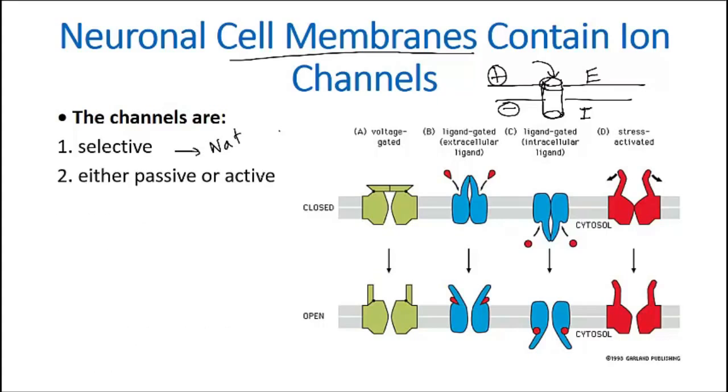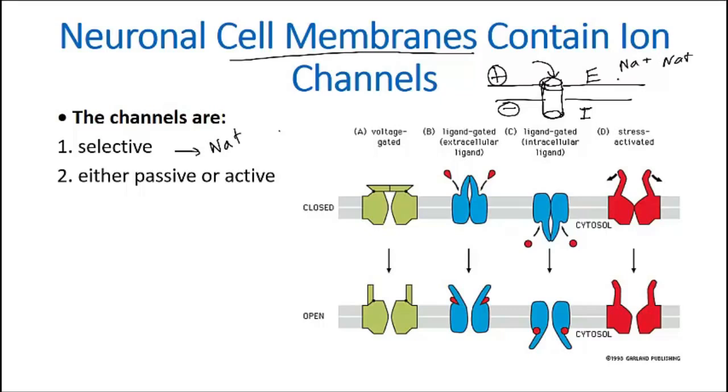It can also be passive or active. For example, in some cases ion channels are normally open and the molecules can pass down their concentration gradient. Let's say this is a sodium channel, and the sodium concentration is high outside the cell and low inside.